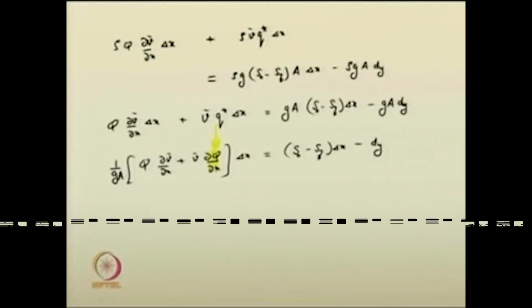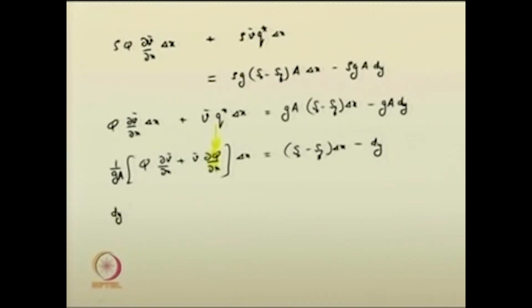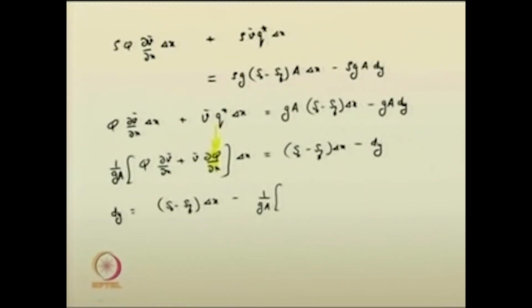Subsequently, I can now write the following: dy is equal to (S_0 minus S_f) into del x minus 1 by gA. What is this term? Q dou v by dou x plus v dou Q by dou x. This is nothing but dou by dou x of Q into v, right.